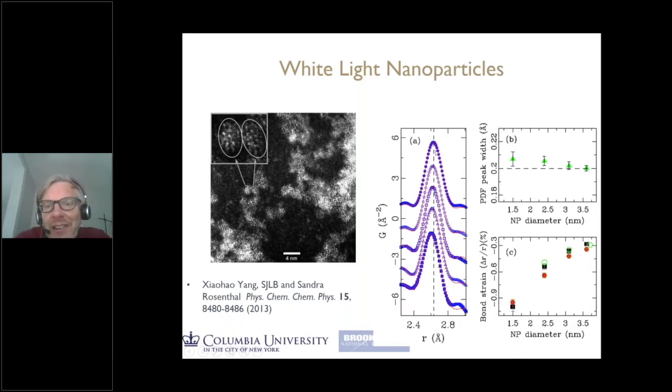So the average strain, the homogeneous strain, is coming from the peak position, and the inhomogeneous strain is coming from the peak width. And as the nanoparticles got smaller and smaller, the width of this peak did broaden somewhat, and it's telling us that there's more of a bond length distribution in the smaller particle sizes, which again is not surprising because the cadmium to selenium bond at the center of the nanoparticle is not necessarily going to be the same length as the cadmium selenium bond near the surface of the nanoparticle.